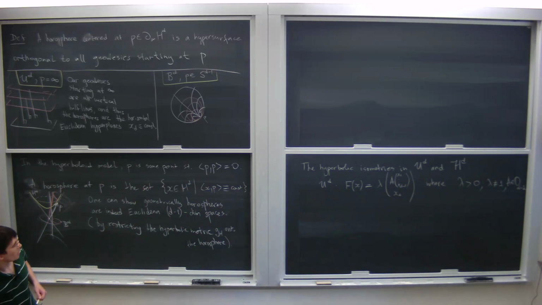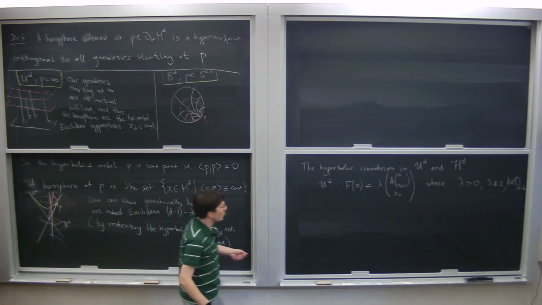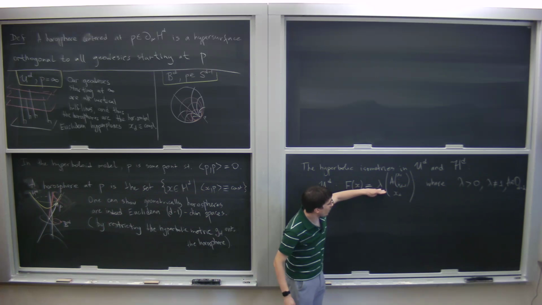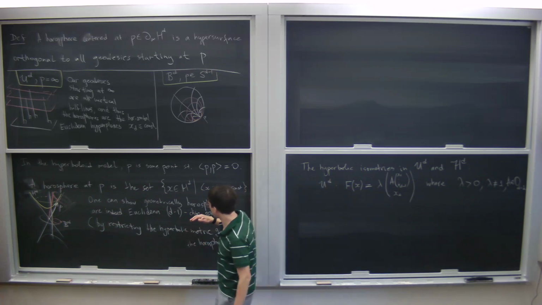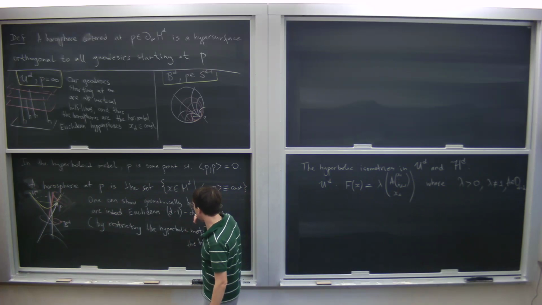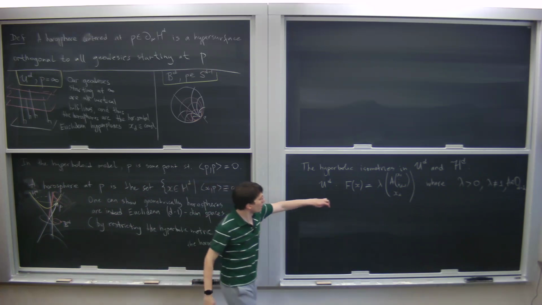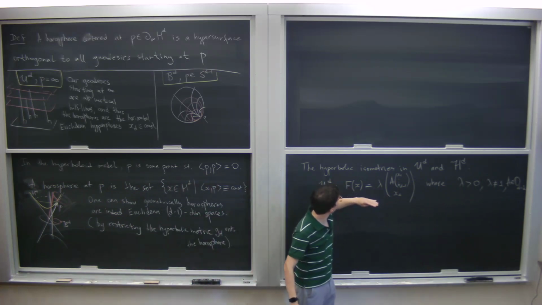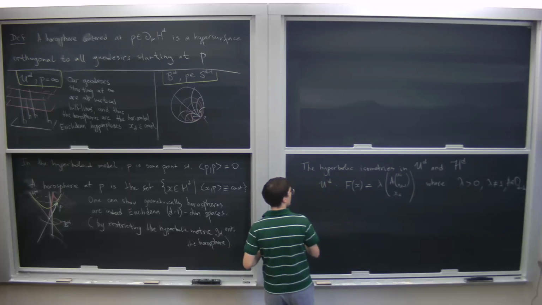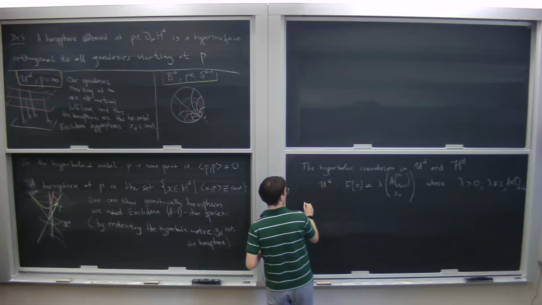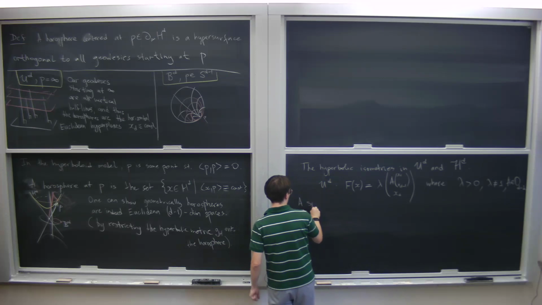Okay. And notice that if lambda is equal to 1, then you would probably get a parabolic isometry, right? And a typical example is just a special case.